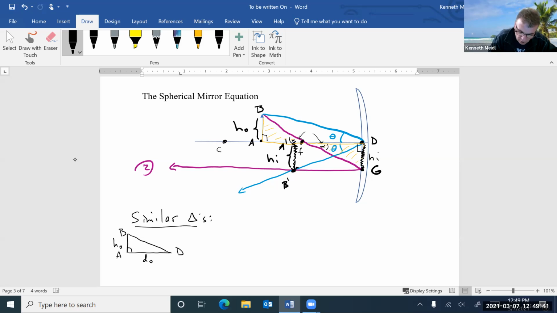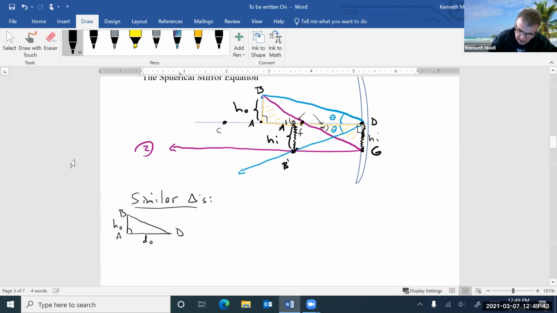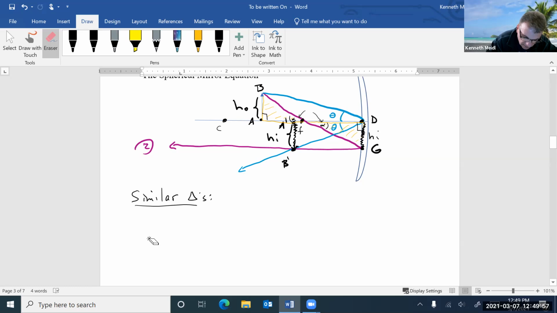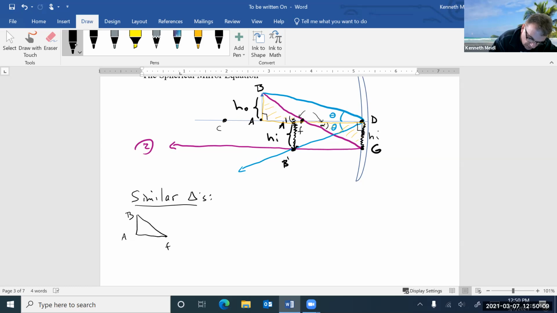And then the other triangle that is similar to that, let me see. No, I'm looking at this other triangle. So let's back that up. I'll eventually get to that one too. Let me redraw that here. What I've got is this triangle right here. That's got point A, B, and it comes down here to point F. Okay.